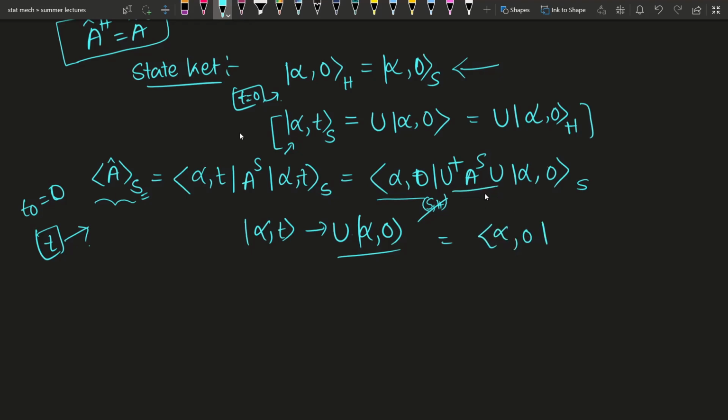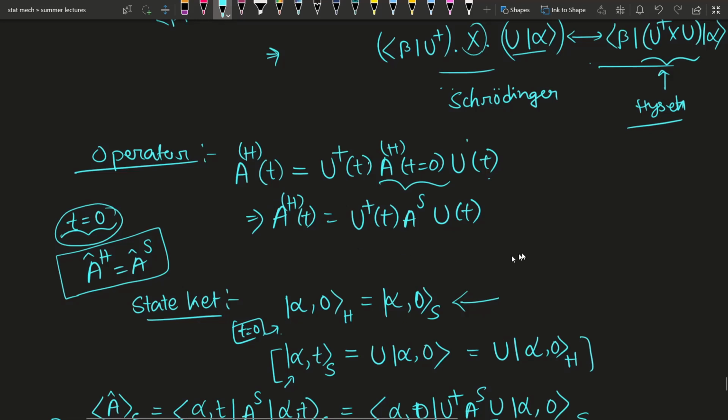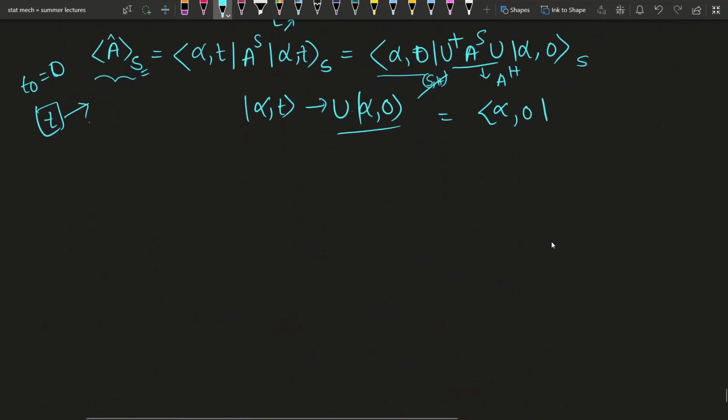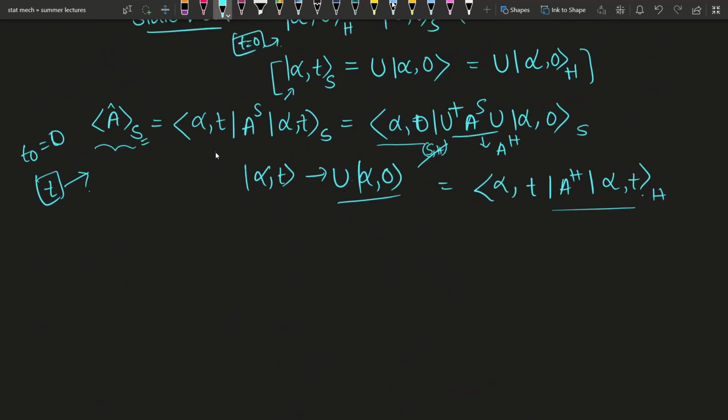Now you might recall what this is, I have discussed it previously. So these two things are just the same. This is the expectation value of the A operator in the Heisenberg picture. So both the pictures are just equivalent.